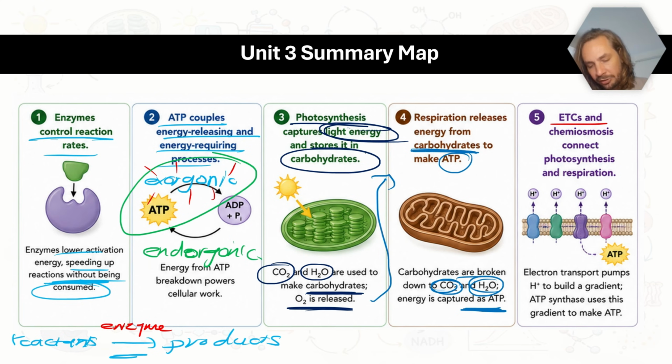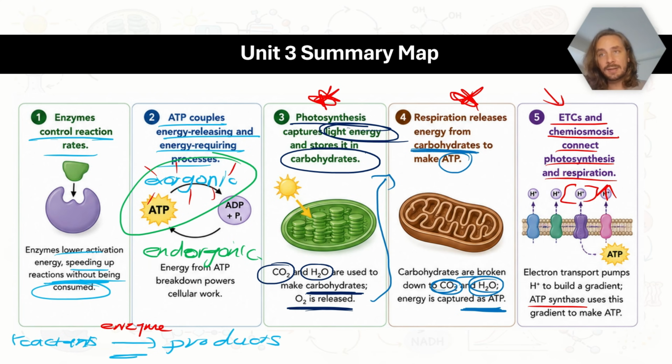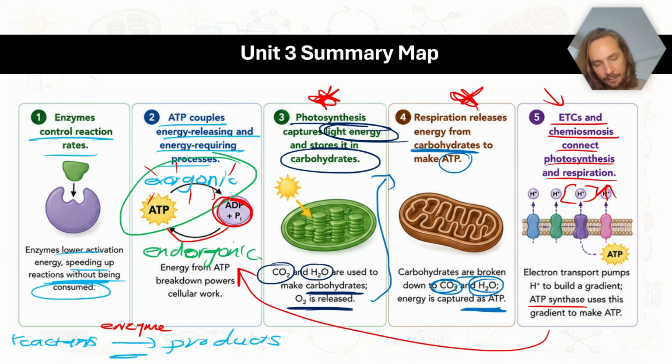Now, electron transport chains and chemiosmosis connect photosynthesis and respiration. In both photosynthesis and respiration, we use electron transport chains where we have a proton gradient that's forming, and ATP synthase uses that gradient to drive this reaction of turning ADP back into ATP.